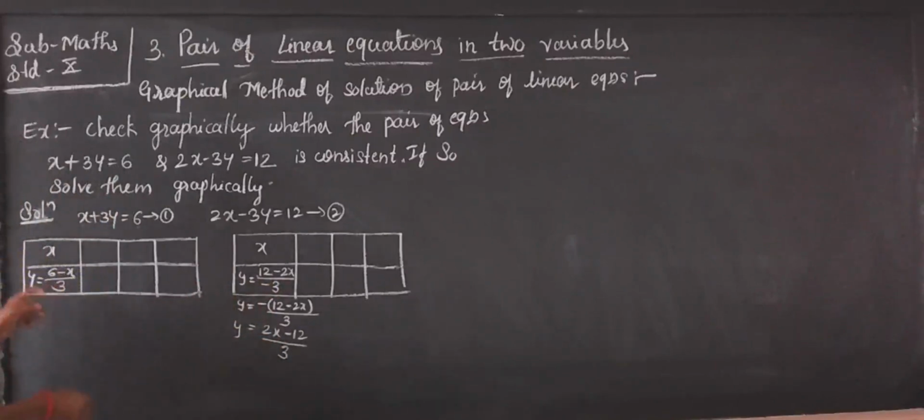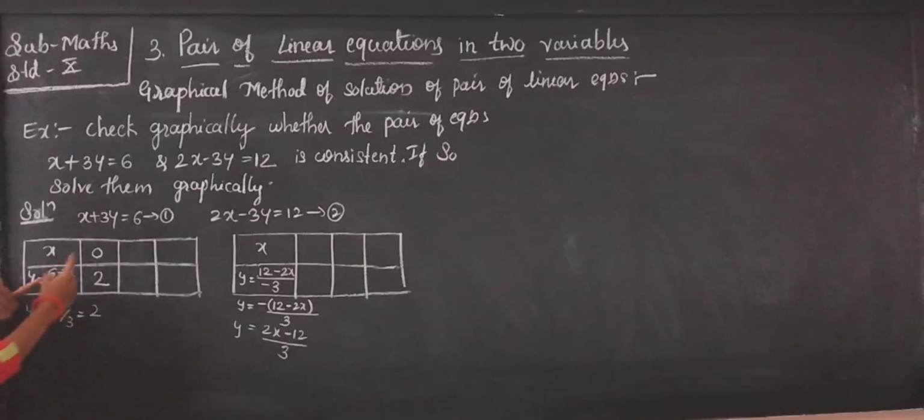Then put the value of x as 0 first. So 6 minus 0 is 6 only, 6 by 3, so y is equal to 2. So we get x, y as 0, 2. Next take x as 3.